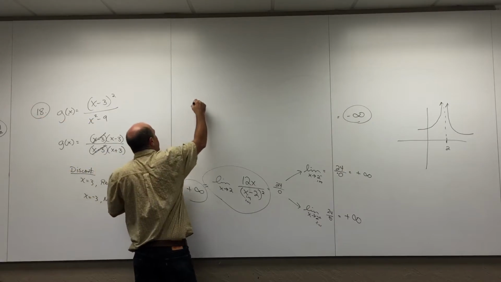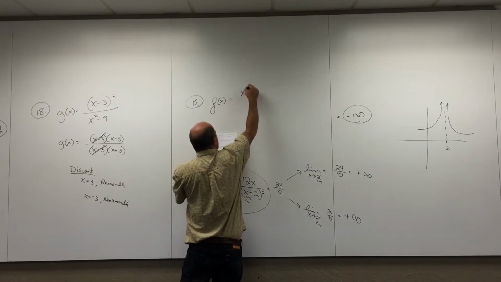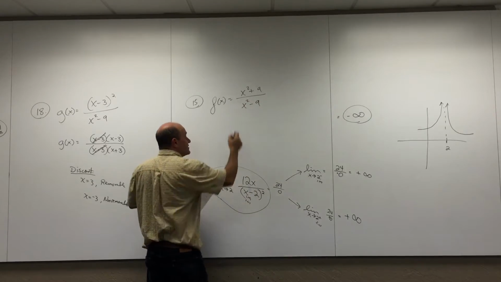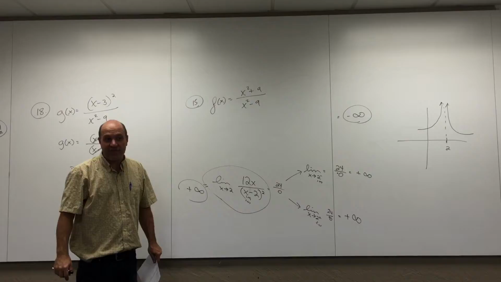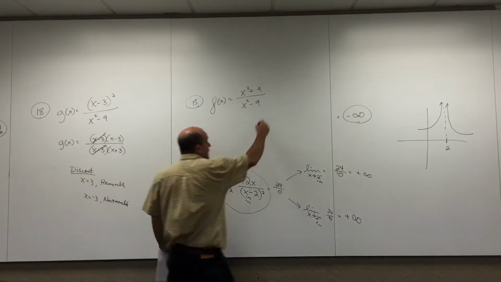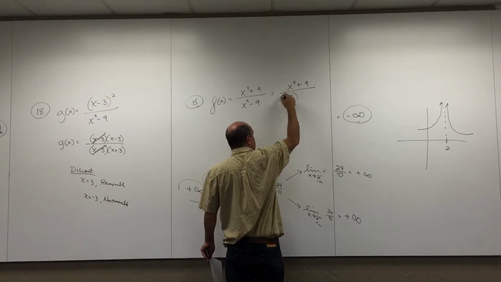Number 15 is similar, right? What's 15? 15 is a function x squared plus 9 over x squared minus 9. This one's funny because the numerator doesn't factor. The sum of two squares doesn't factor. The numerator doesn't factor. The denominator factors, of course it's x minus 3 times x plus 3.